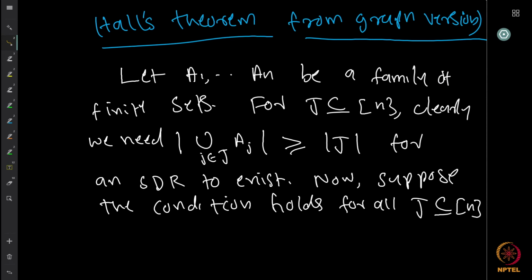So for every J subset of n, the cardinality of the union over j in J of Aj is at least the cardinality of J.